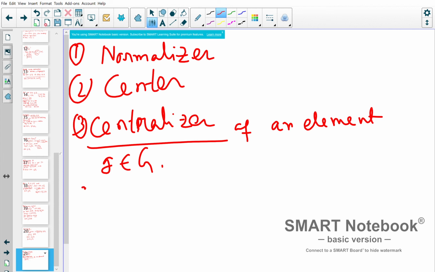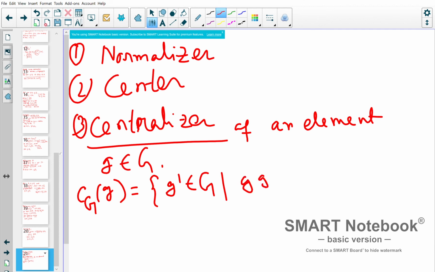It is defined by this symbol, C_G(g), and by definition, centralizer of g inside G is nothing but the collection of all those elements, say g dash, belongs to G, such that g commutes with g dash, that is g g dash equal to g dash g. So centralizer is those elements that commute with the single element, right?